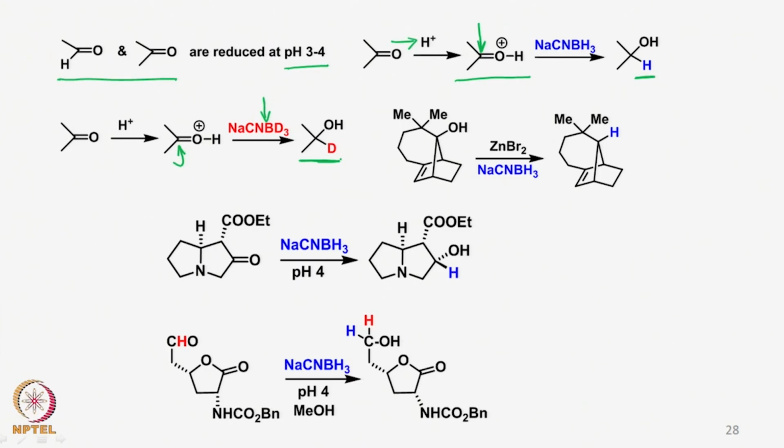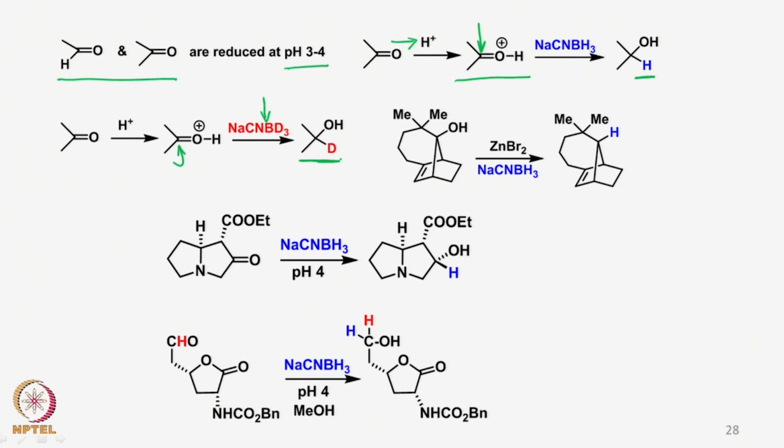Now in all these cases what we have seen is that we have introduced the acid to the reaction medium in order to increase the electrophilicity of the carbonyl group. We can also utilize the nature of sodium cyanoborohydride, which is stable under acidic conditions.